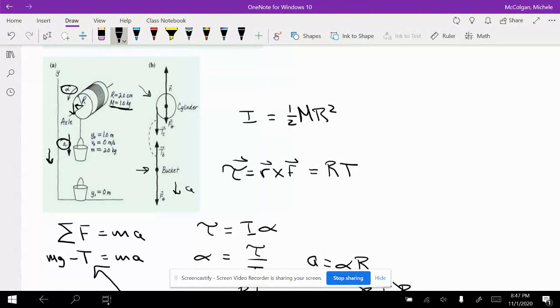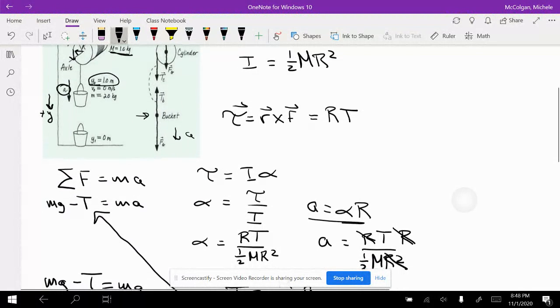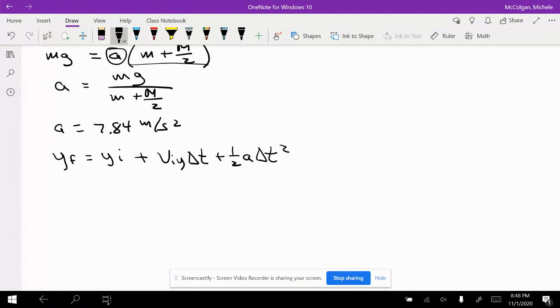My y final is going to be 0, but my y initial is going to be negative 1, because something behind me, heading towards 0, is negative, and then I get to 0 and start increasing in my y value. I know my y final is 0, and my initial velocity is 0.